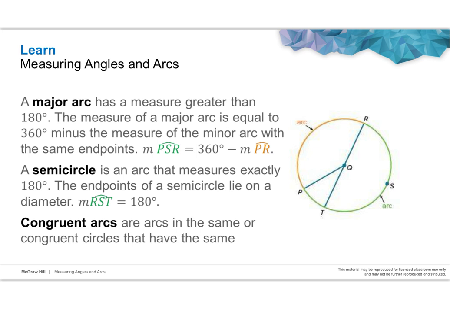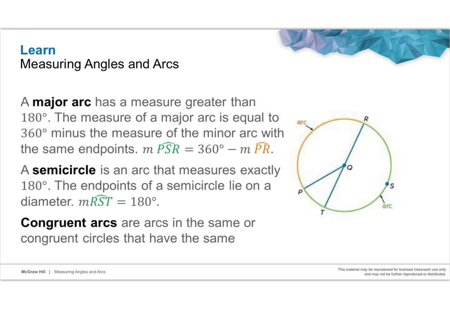A major arc on this diagram is going to be the measure that is greater than 180 off of the minor arc, and that is always going to be 360 degrees minus the measure of the minor arc.